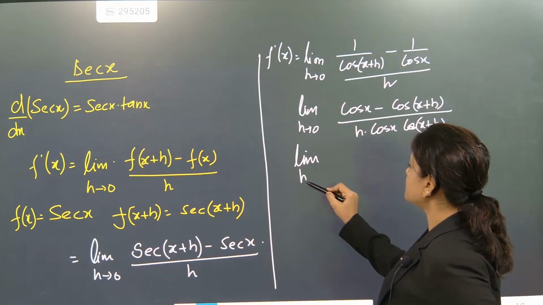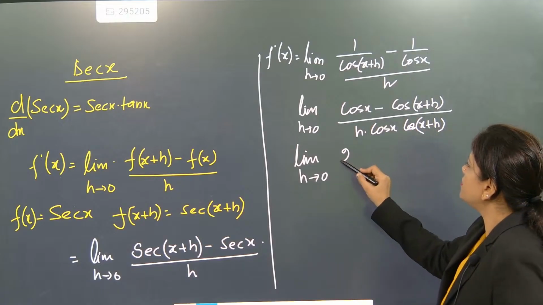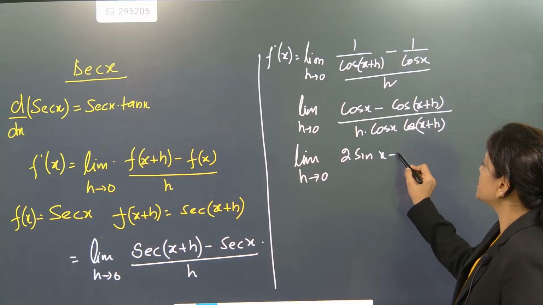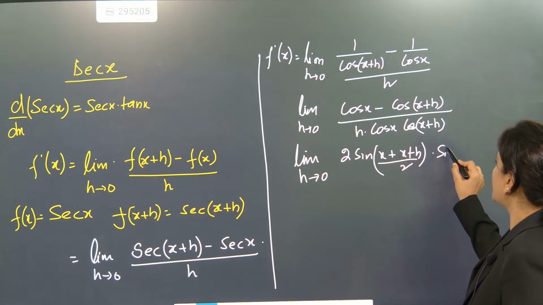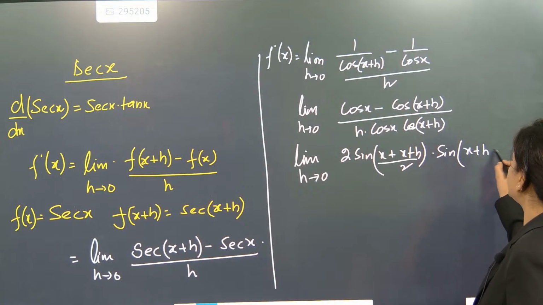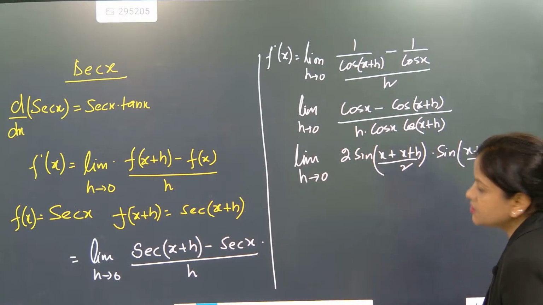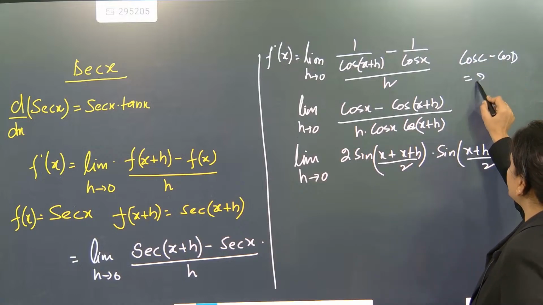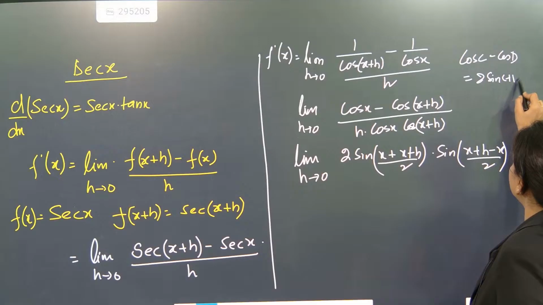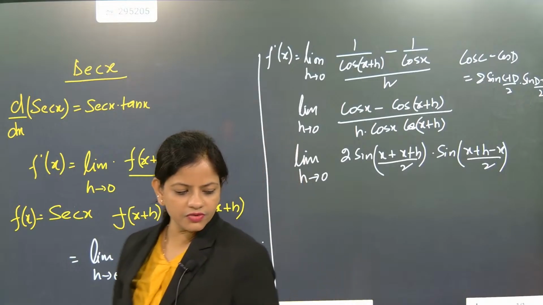Limit h tends to 0. The numerator will become 2 sine of x plus h plus x by 2, into sine of x plus h minus x by 2. I am using the formula cos C minus cos D is equal to 2 sine of C plus D by 2 into sine of D minus C by 2. This is the formula. Directly we can use this formula.